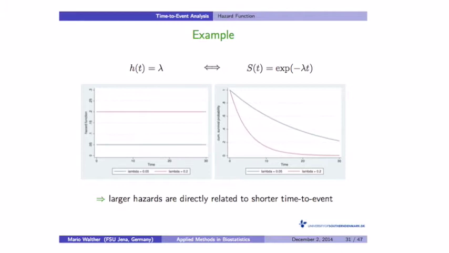So you have a large hazard, and that means that the survival function for larger hazard is smaller compared to the survival function with respect to a smaller hazard. So a large hazard means that you have a shorter survival, smaller survival probability, means that you have shorter event times.